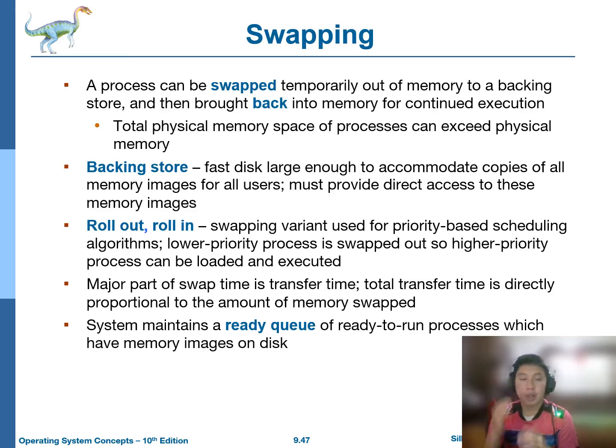Swapping. A process can be swapped temporarily out of memory to a backing store, and then brought back into memory for continued execution. Backing store is a fast disk large enough to accommodate copies of all memory images for all users. Roll out, roll in: swapping variant used for priority-based scheduling.